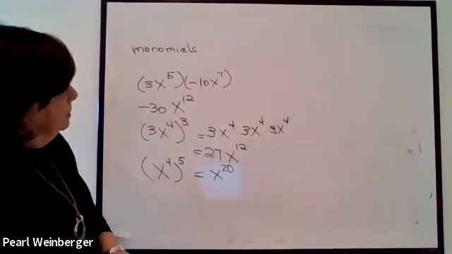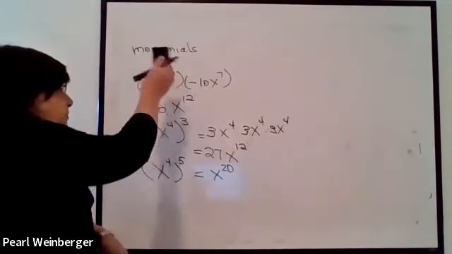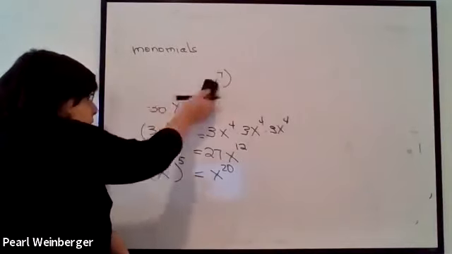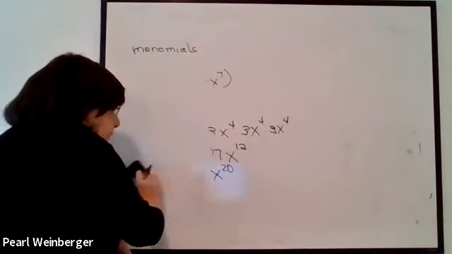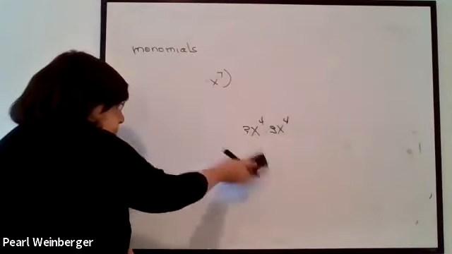What happens if I have something like this? Suppose I had x to the fourth, y squared, raised to the 5th power.